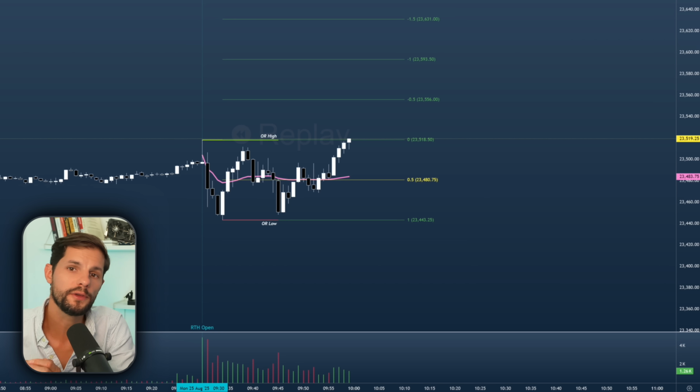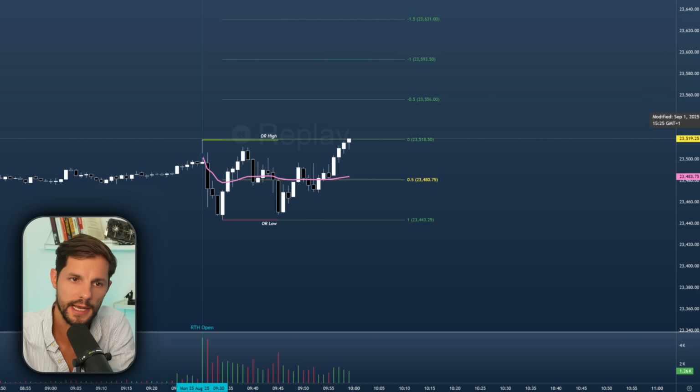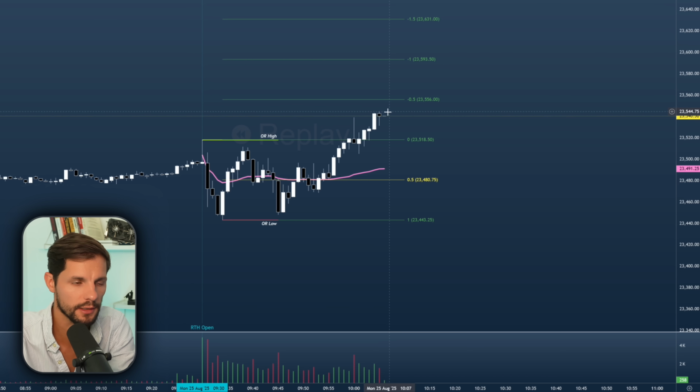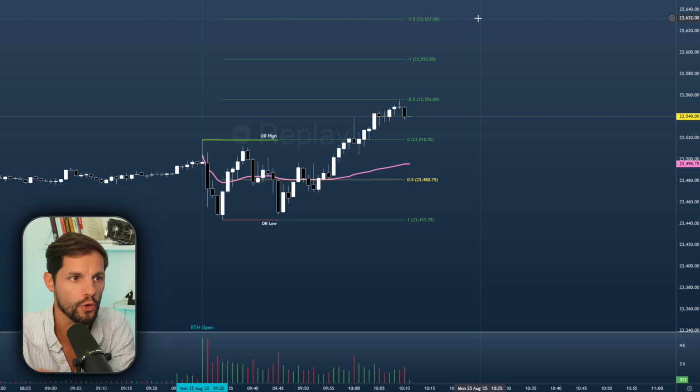Let me show you what VWAP alignment looks like in TradingView. So here you have the open of the session and the 15 minutes. We will plot the VWAP. In this case, it can be an anchored VWAP to the beginning of the session. Once the criteria are met, meaning a break above the opening range high and VWAP alignment higher, once we get the close, we can go long and target 1.5 times the size of that 15 minute opening range.